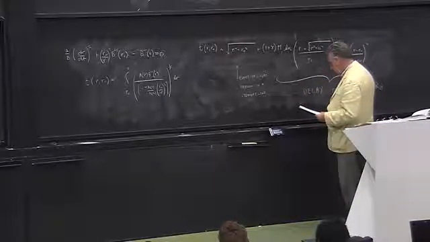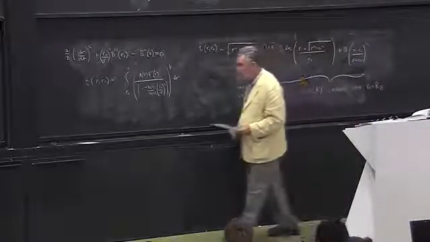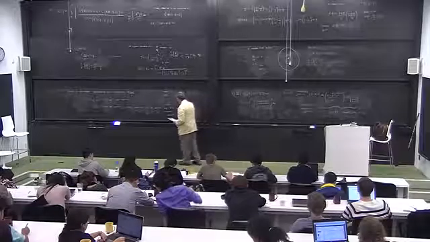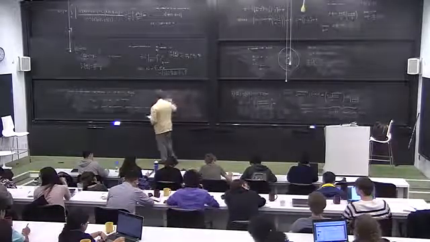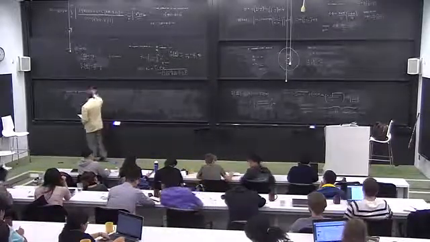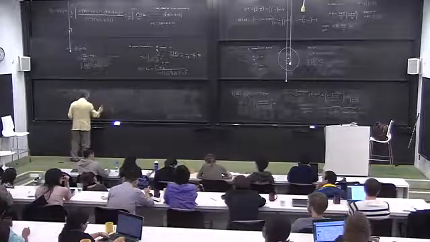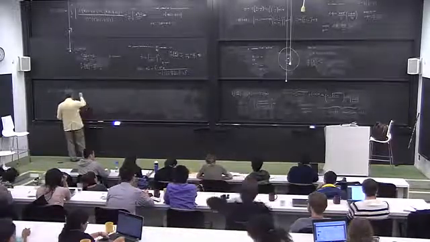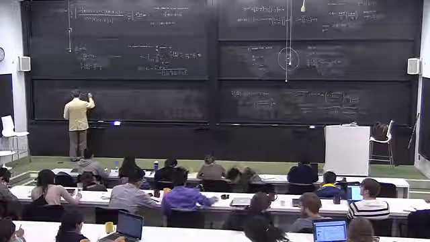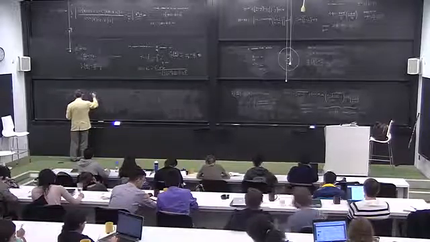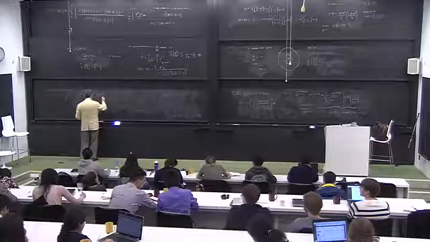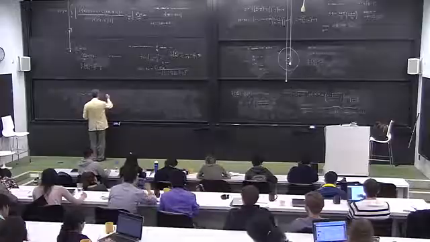And what you get, therefore, the final answer is delta T max. It's 4m times 1 plus gamma over 2. And once again, it's only sensitive to gamma.